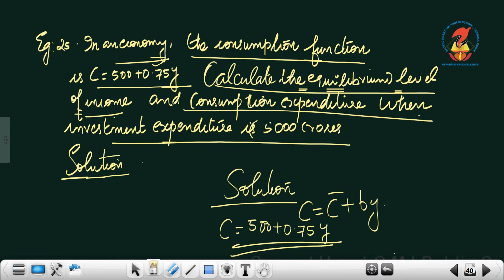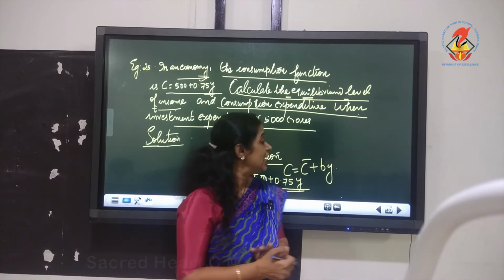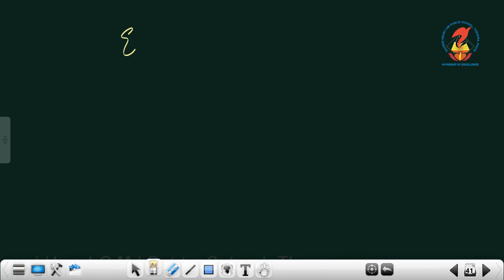Calculate the equilibrium level of income. So this is what is given. With that you have to calculate the equilibrium level of income. Now how will you find out the equilibrium level of income?